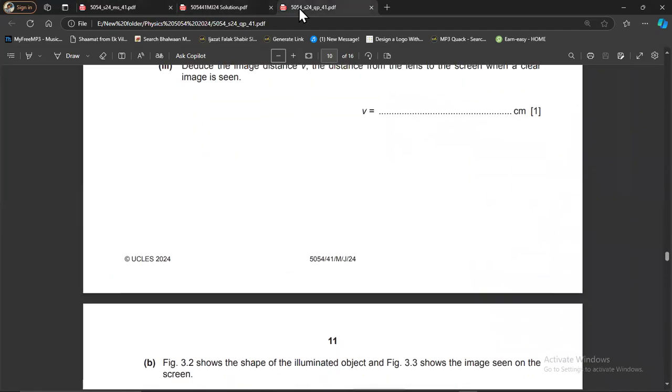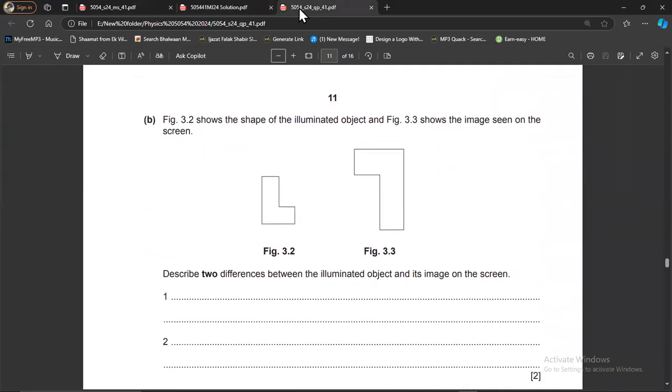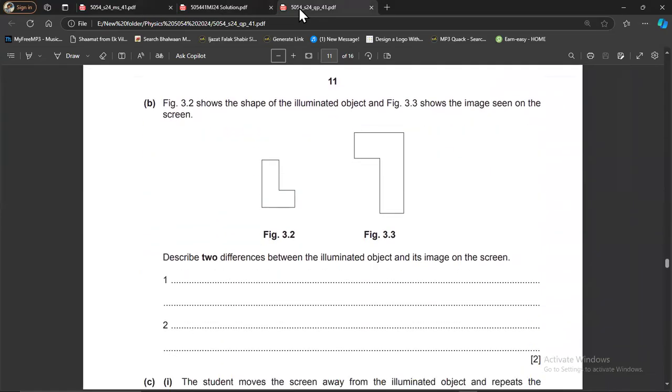Okay, so then we have the B part. Figure 3.2 shows the shape of the illuminated object, and figure 3.3 shows the image seen on the screen. Describe two differences between the illuminated object and its image on the screen. So here is that object, this is its image. You can see the object is smaller, the image is larger, so the image is magnified.